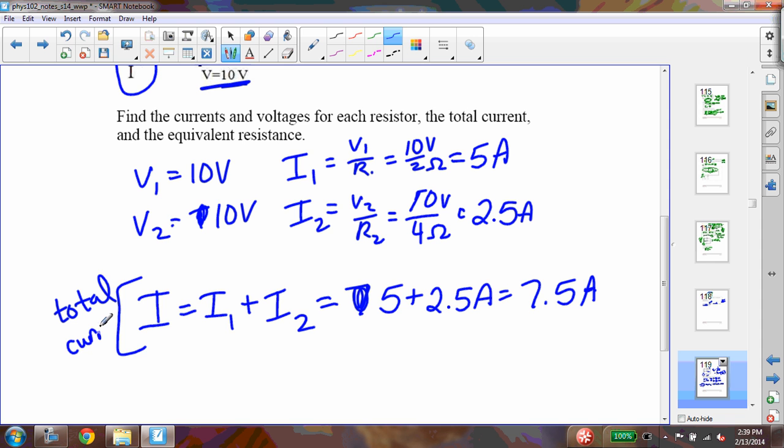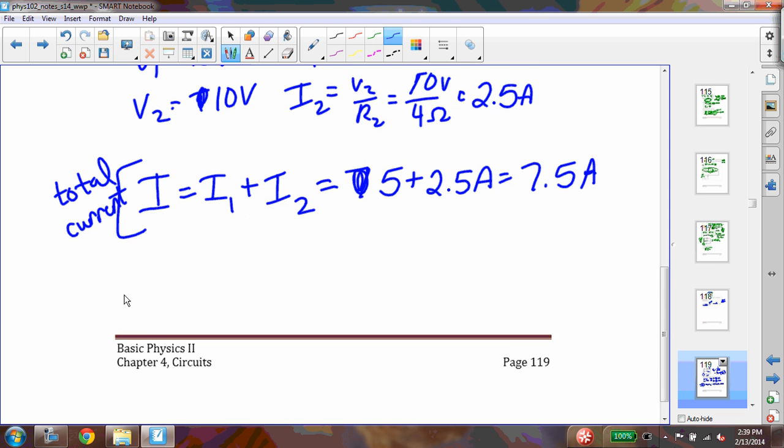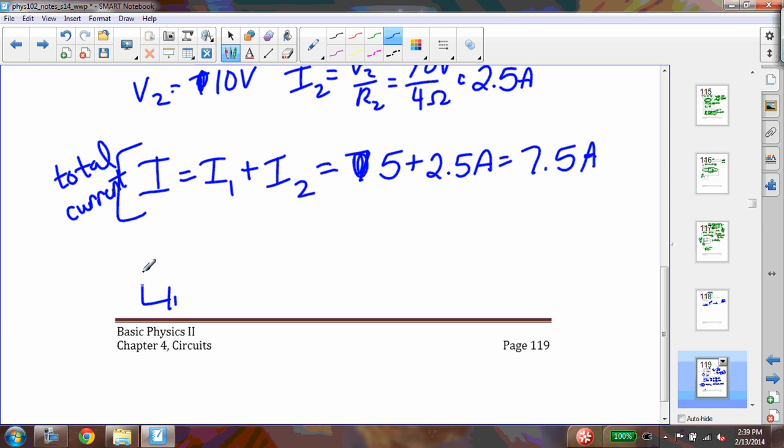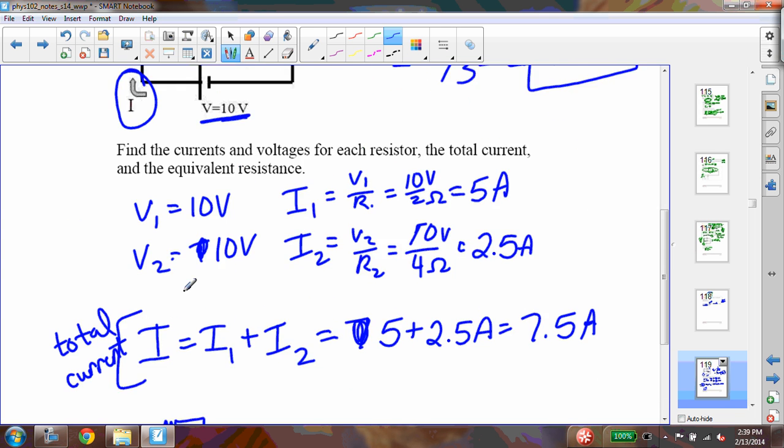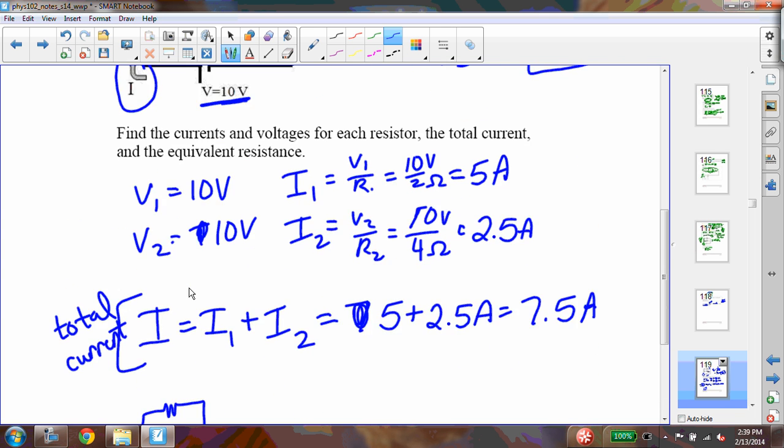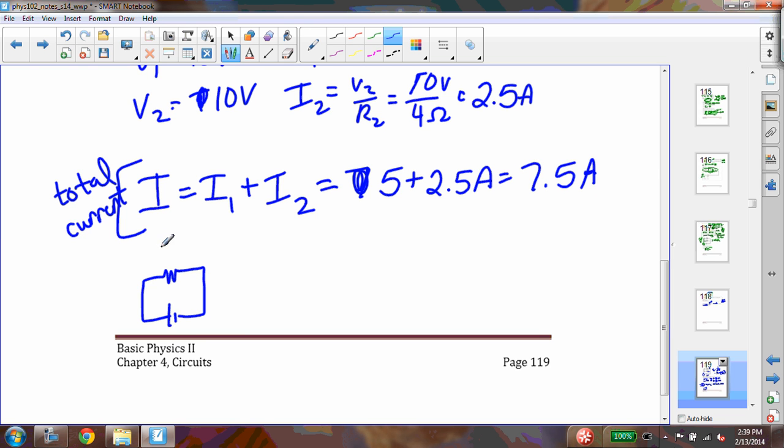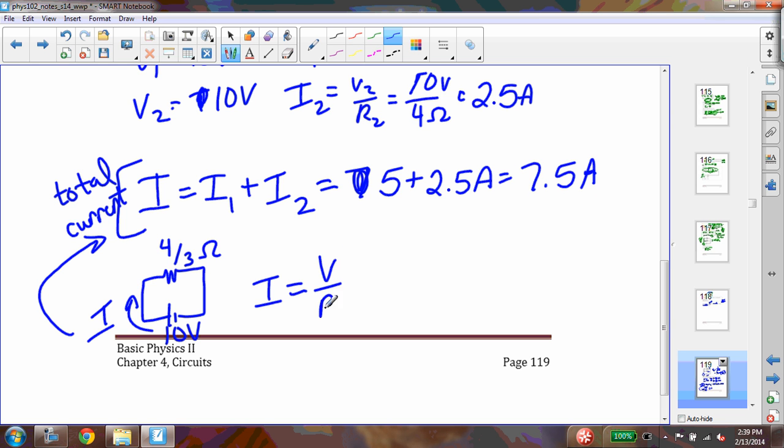I can get at that in a different way if I just want to provide a check. This circuit is equivalent to a circuit like this. Let's see, what was our equivalent resistance? The circuit is equivalent to an equivalent resistance of 4/3 ohms with a voltage here of 10 volts. And so if I want to know this current, which should be the same as this current, I just say I equals V over R equivalent.